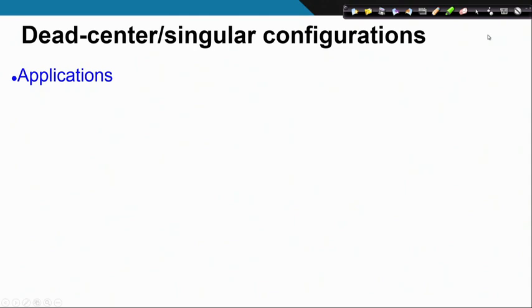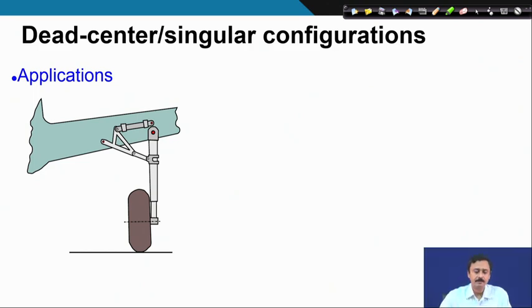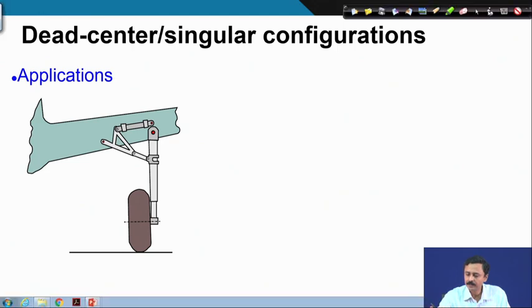Now, this has some interesting applications. This shows the aircraft landing gear. You can see very easily that this link and this link, if you consider these two links as a part of this 4R chain. So, let me draw this 4R chain.